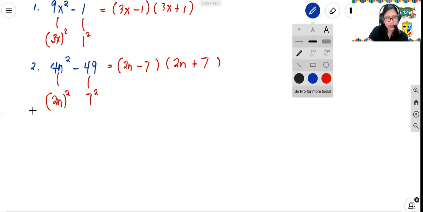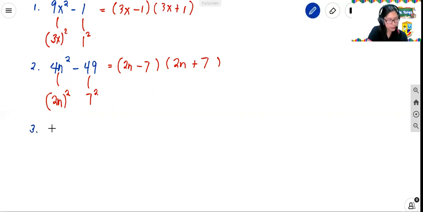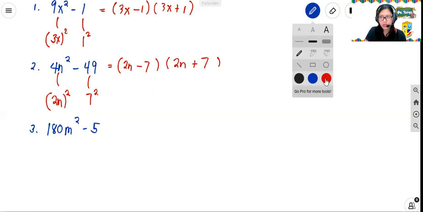Okay. Next, let's have another example. Let's have 180n squared minus 5. So we have to check if both of the terms are perfect squares. In this case, 180 is not a perfect square. Same with 5, 5 is not a perfect square.